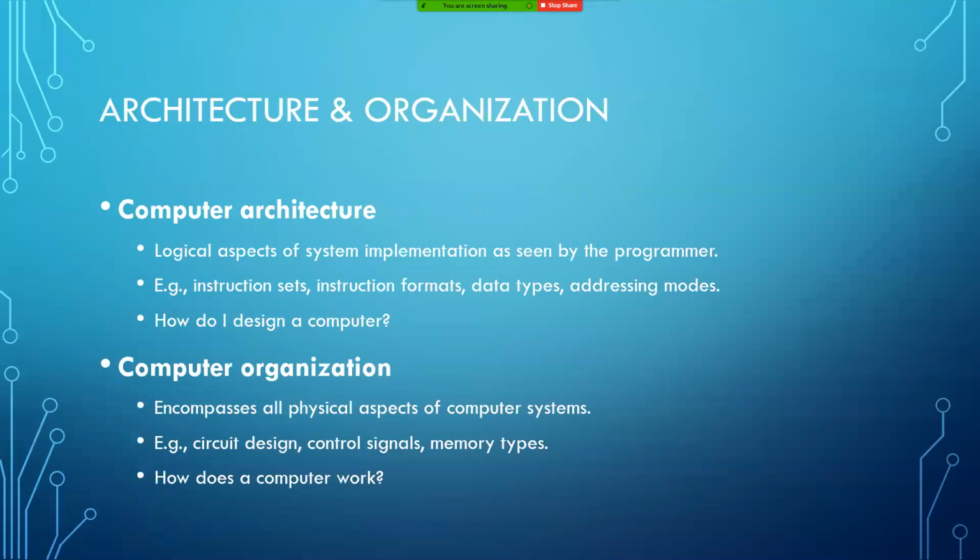So let's see some of the very basic things about computer architecture and organization. We have 2 terms. One is computer architecture, another one is computer organization. Both of them combined together make a system. So let's see what is computer architecture. Computer architecture is the logical aspects of system implementation as seen by the programmer or the user.